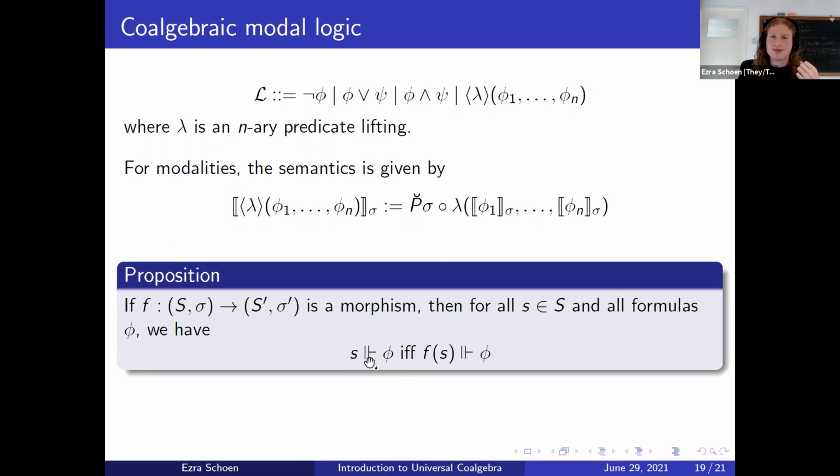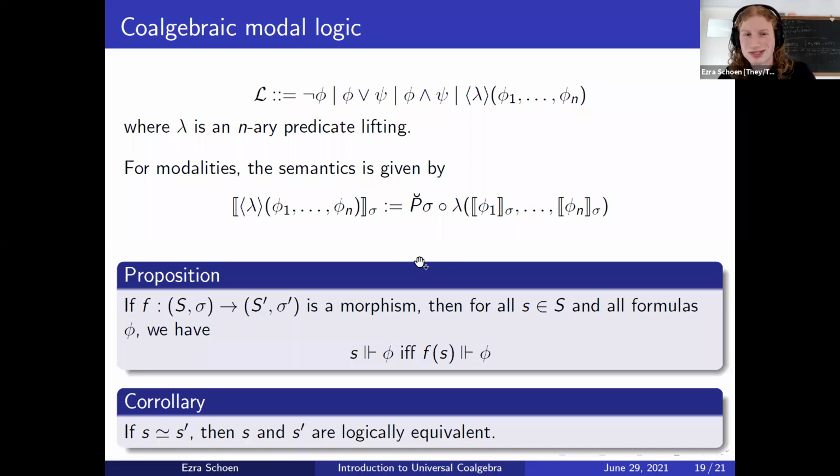So a state satisfies phi if and only if its image satisfies phi. This is actually not so difficult diagrammatic reasoning, using some naturality of lambda. But this gives us a very nice corollary that if two states are behaviorally equivalent, then they are logically equivalent.